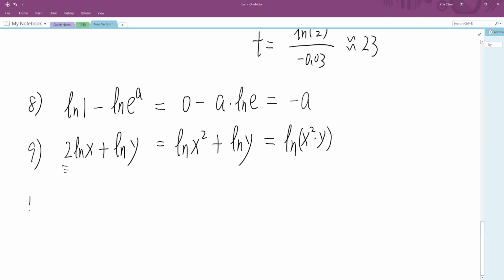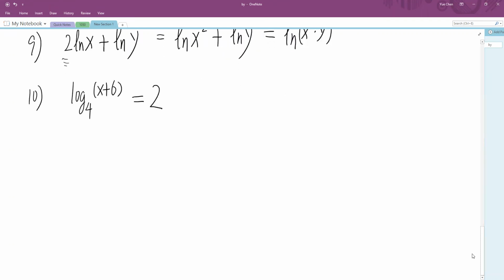Number 10. We want to solve this logarithmic equation: log base 4 of x plus 6 equals 2.